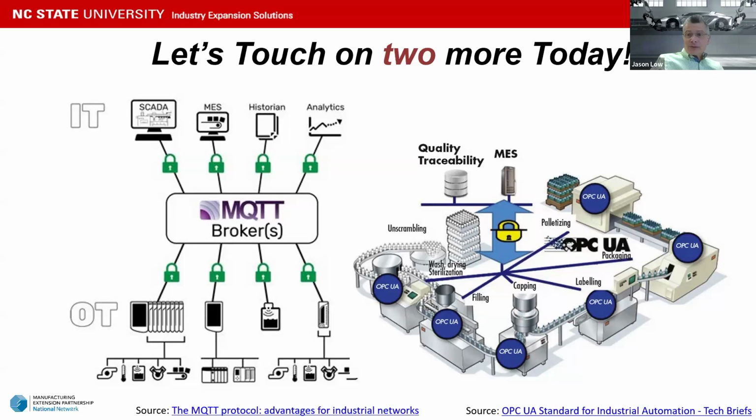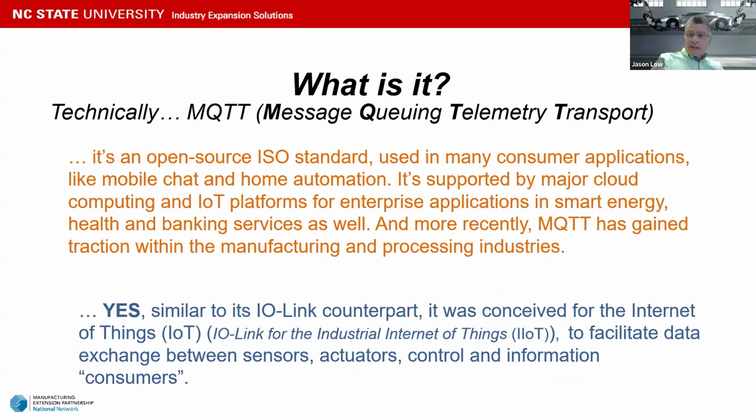But within those systems, there are devices, there are sensing devices within each of those pieces of equipment that are doing the same thing. So I want you to think about these two protocols on equal terms because they're used much the same way. So MQTT is short for message queuing telemetry transport, and it is an ISO standard.